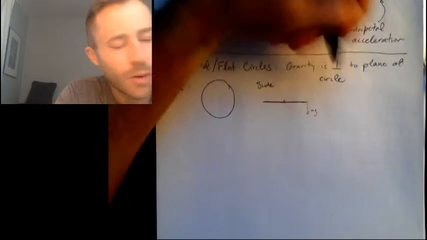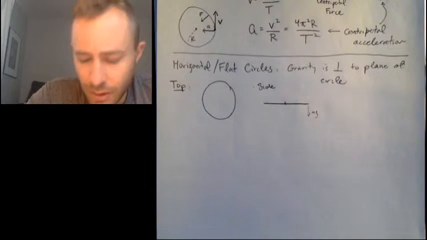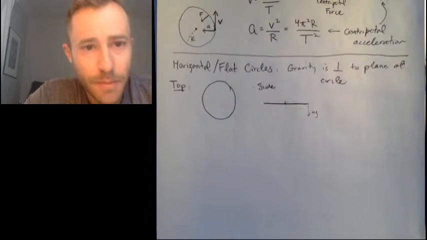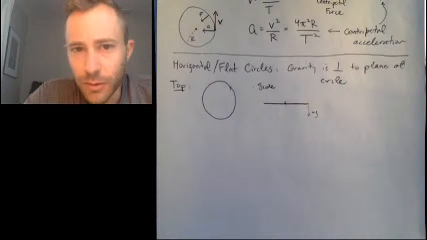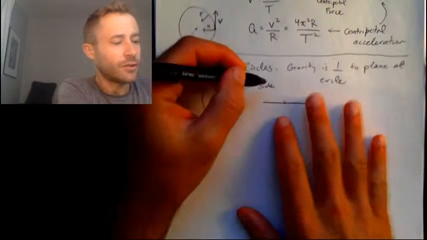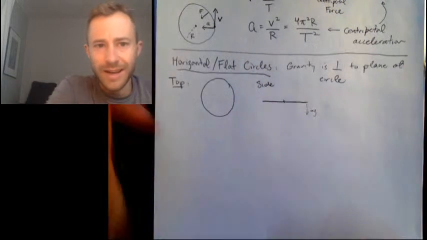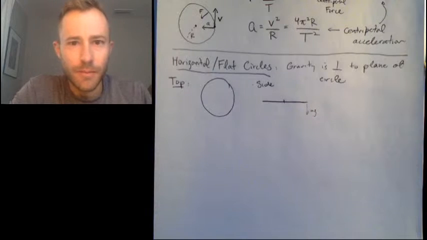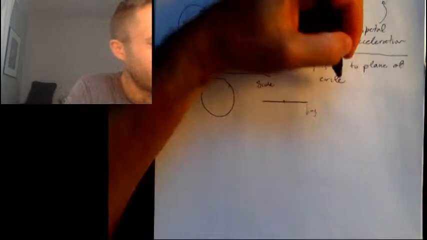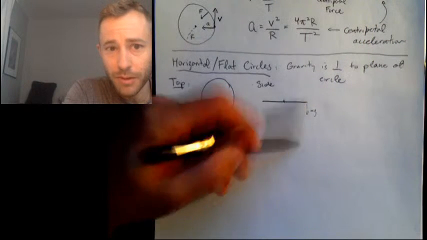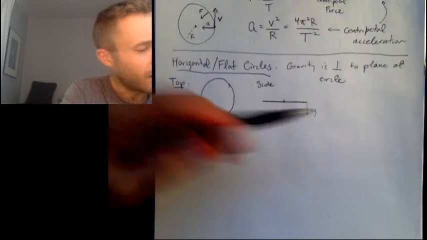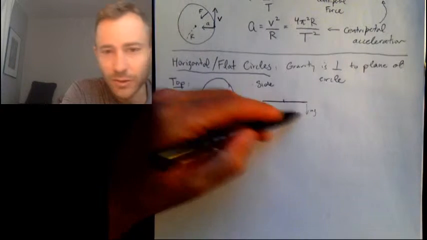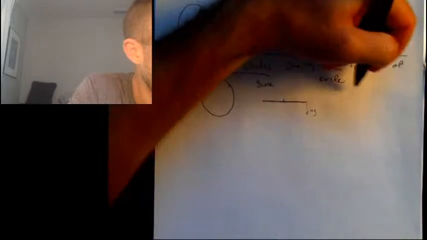Okay, and so what we'll find is that that actually makes the analysis a lot simpler. Okay, so horizontal, also known as flat circles, are easier to analyze because gravity is pointing perpendicular to the plane of the circle, gravity is not a centripetal force because it's not pointing towards the center. Okay.